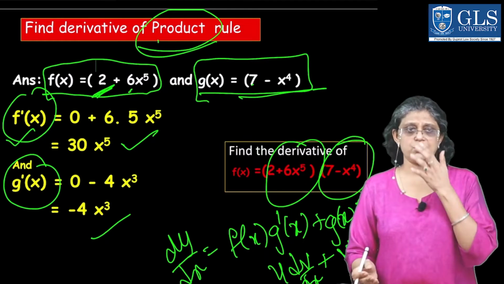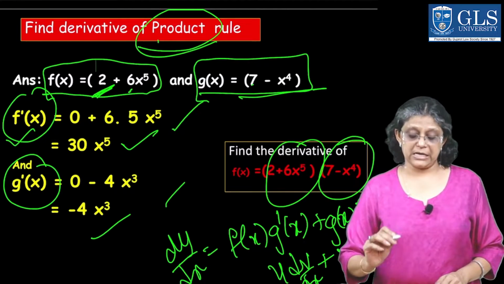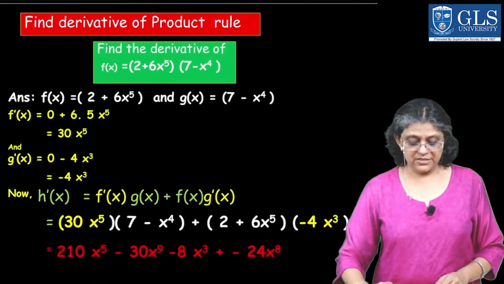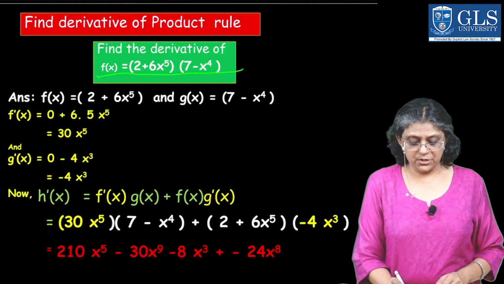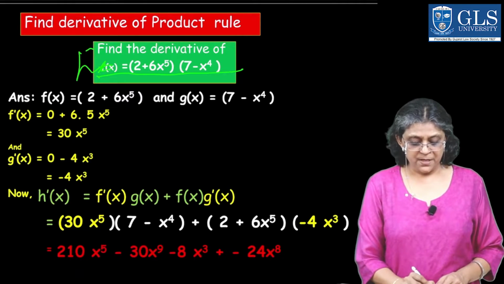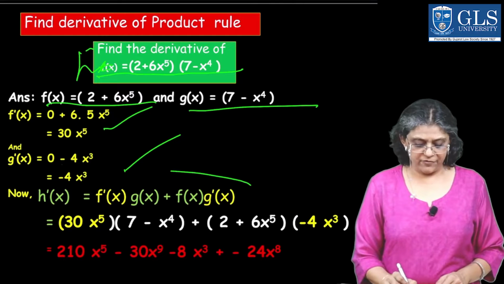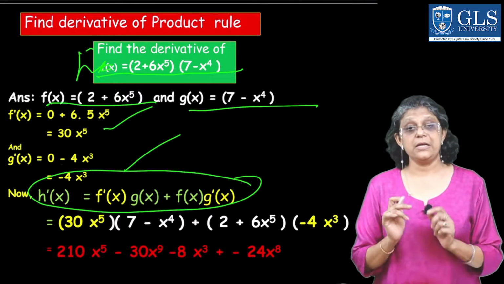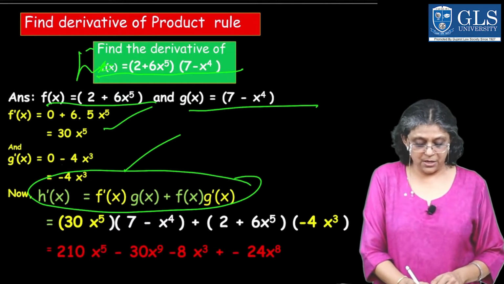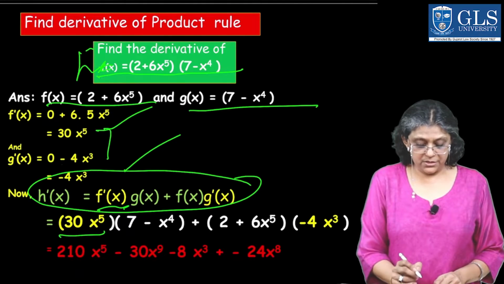There are different ways to write it down, but basically you have found the first derivatives. Now f(x), the given function was this. Instead of f(x), please write it as h(x) or this. So f(x) is this, g(x) is this, and f dash has been found. Now I am writing this in my formula. Again I will write it down. F dash x is whatever I have found out.